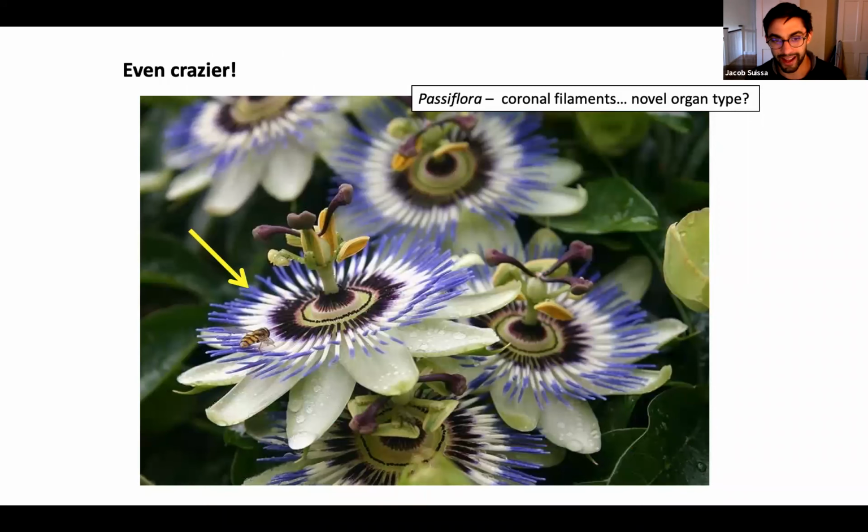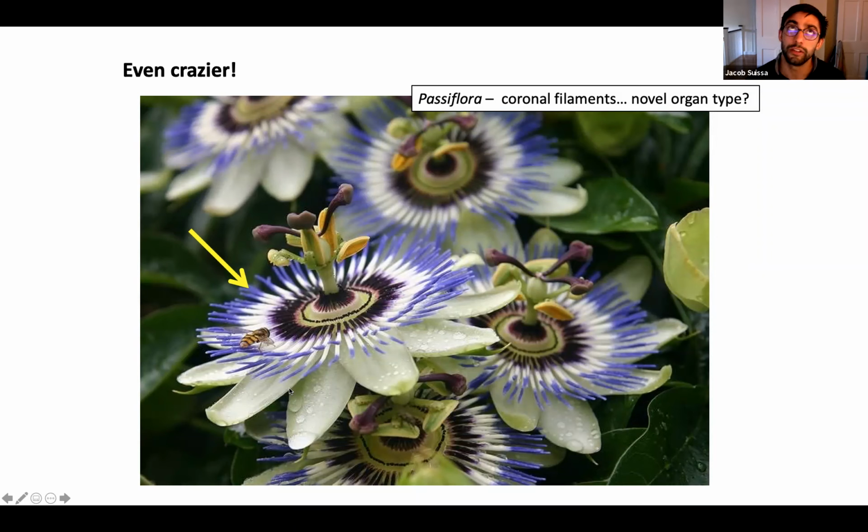Yeah, and then you have some weird flowers. So this is passion fruit, or passion flower. If you've ever seen this, the fruit is delicious and the flowers are insane. It's such a weird structure. You have these whorls of what we call tepals, which I didn't talk about.